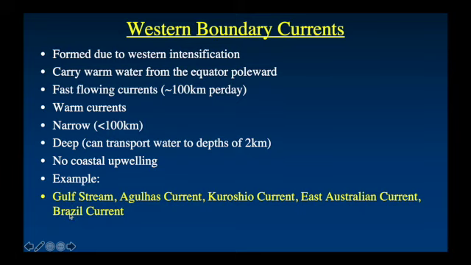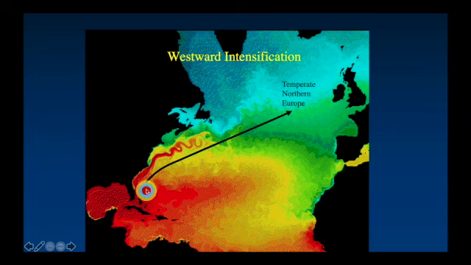So you have the eastern boundary current on the opposite side, where it is opposite in almost every characteristic. So this is the Gulf Stream. You have a very strong current; the satellite images show how warm waters are being moved to the northern parts of this ocean system. That's why you have a very temperate northern Europe compared to northern Canada, because this warm water is moving and being pushed to the other side of the oceans.